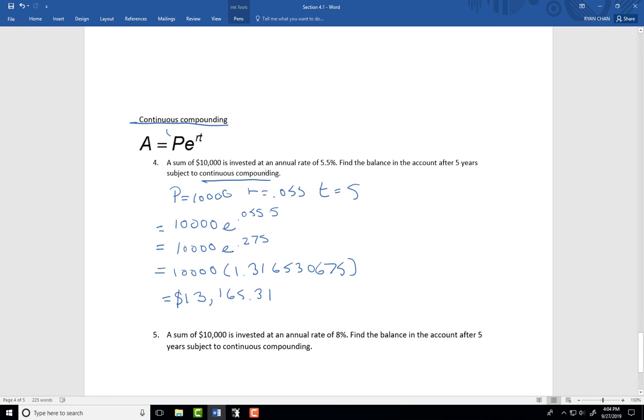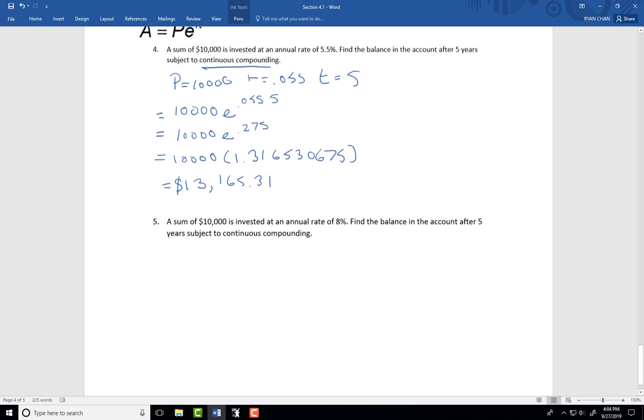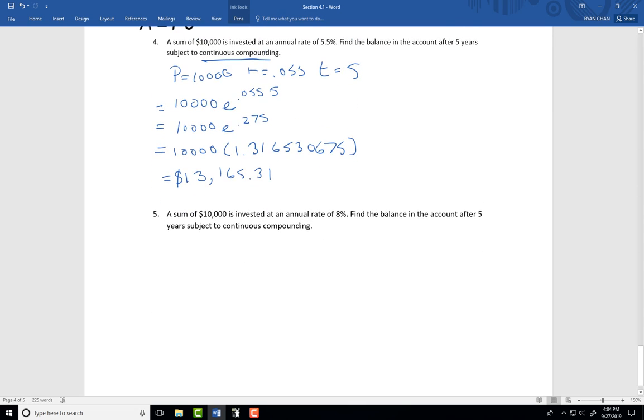Now let's look at one more. Same thing, not too difficult. P is 10,000. I notice I'm doing continuous compounding again, so it is E. My R is 0.08, and my T is 5. So I have 10,000 e to the 0.08 times 5, or 10,000 e to the 0.4.